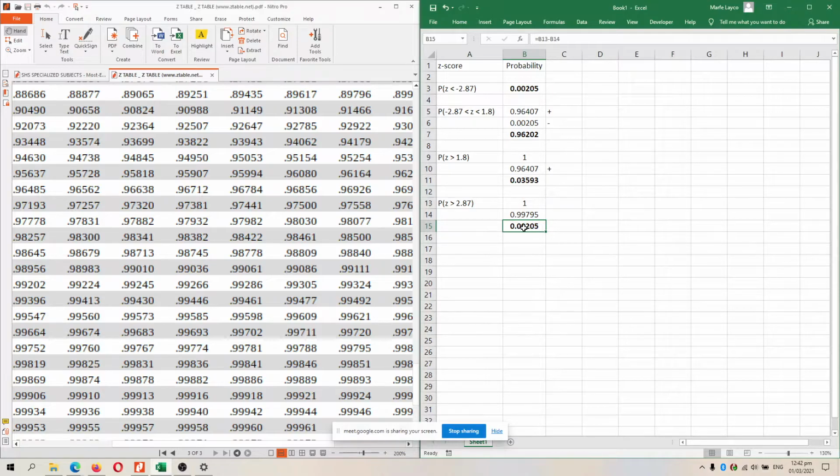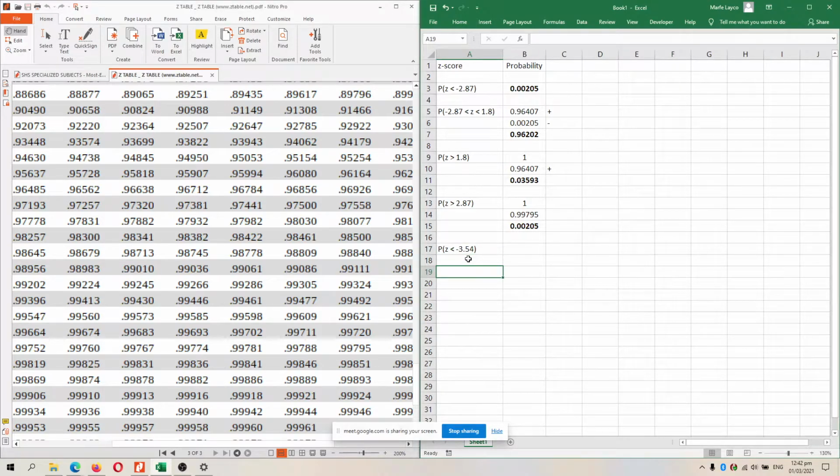Okay? So, 3 sets of example pa tayo doon sa z-score. Then, itatry natin kung paano ba magkakaroon ng z-score. So, we have P of Z less than negative 3.54.